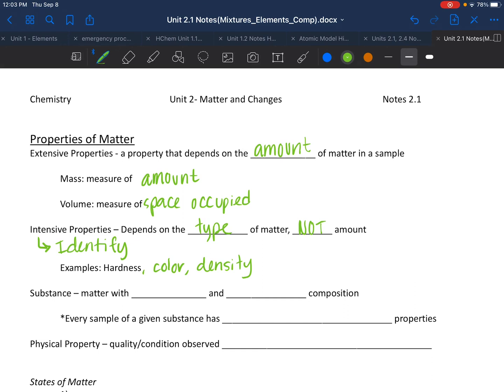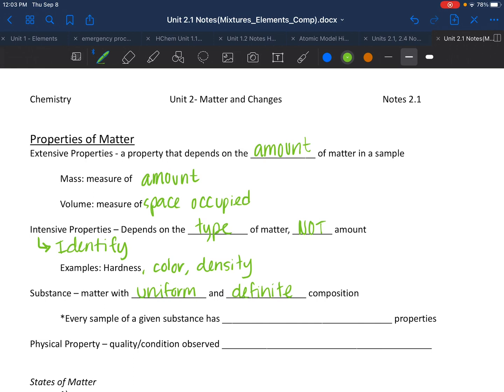So then we get to a substance. A substance is just a name for matter that has a uniform and definite composition. We're going to get more into this type of discussion when we get into our next unit, talking about types of matter and solutions, if they're homogeneous or heterogeneous, so we'll get there.